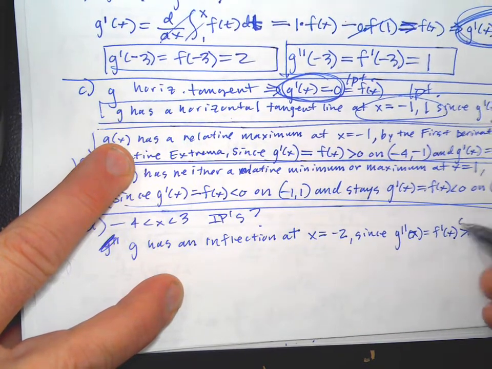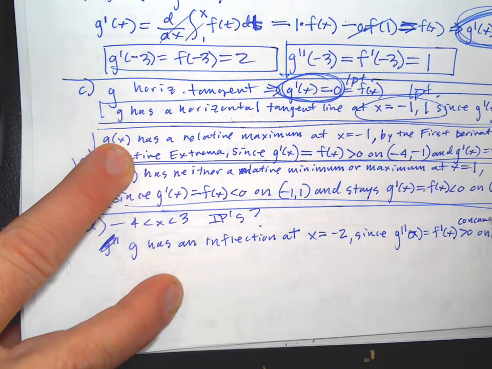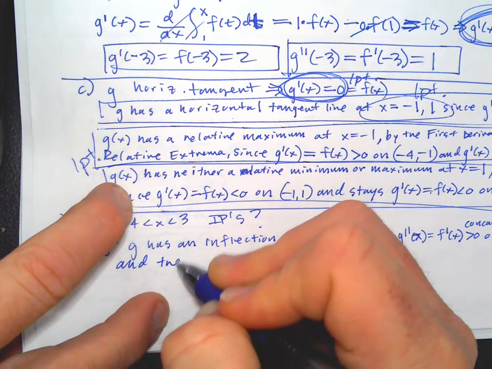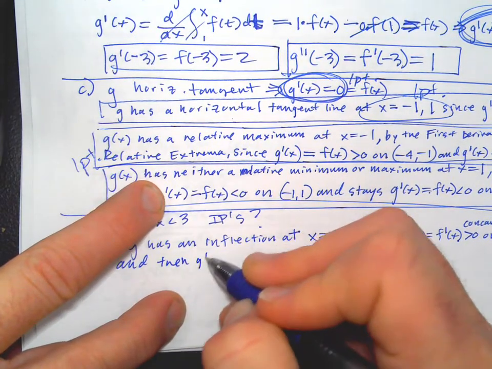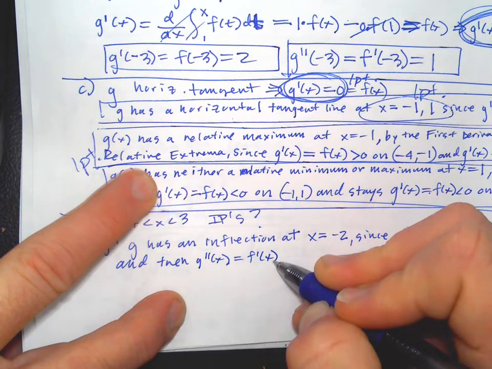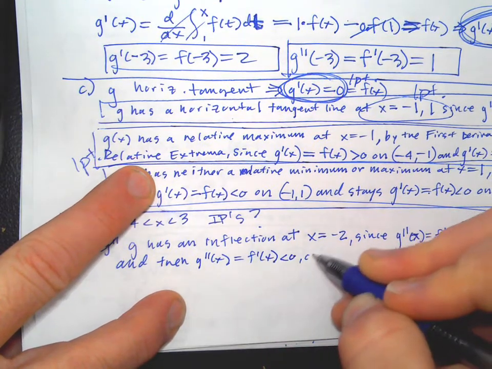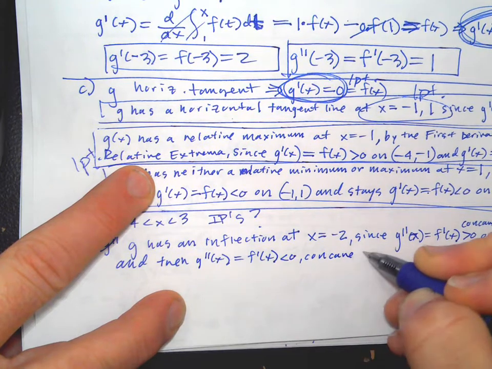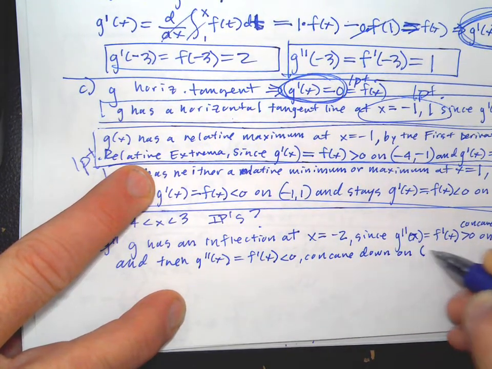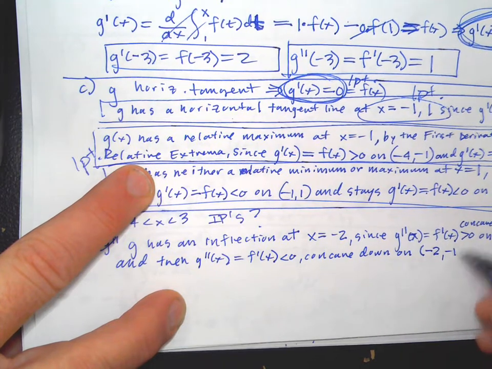And I could probably say concave up, and then g double prime of x equals f prime of x is negative, concave down, on the interval negative 2 to negative 1.